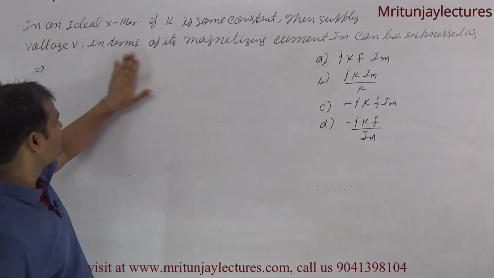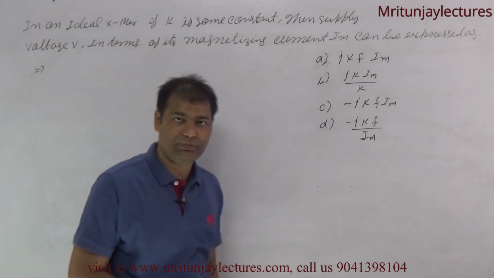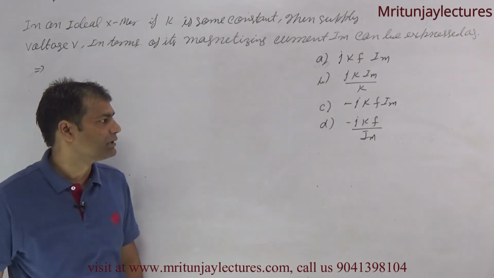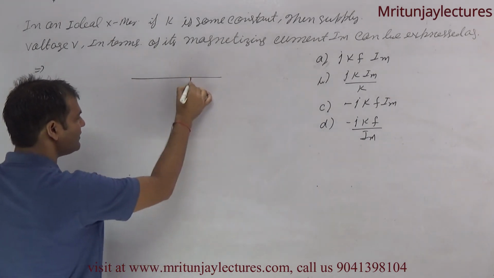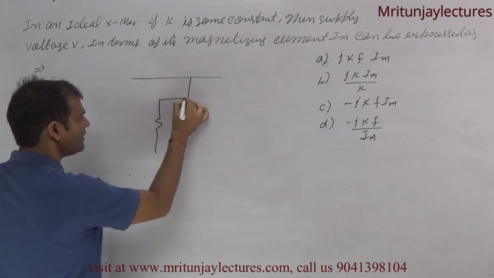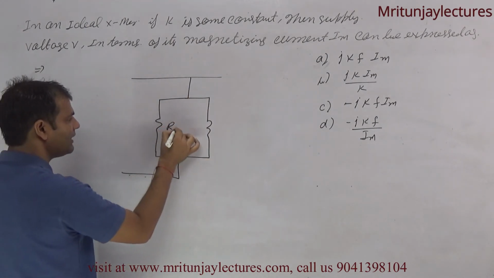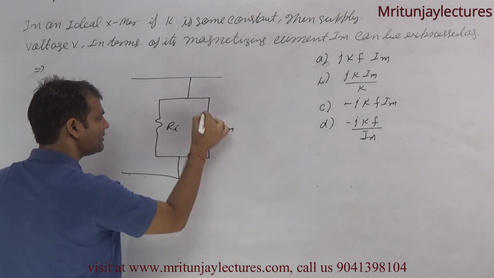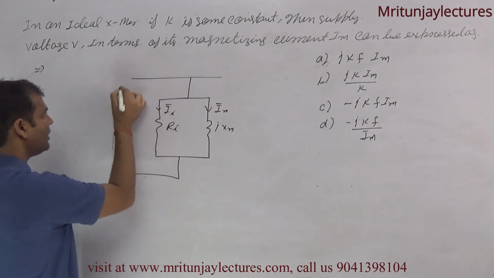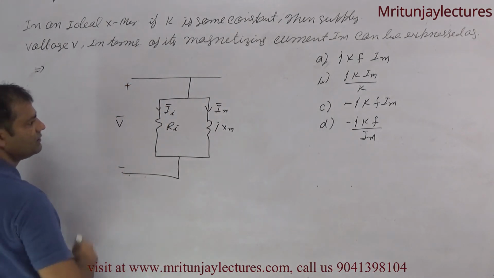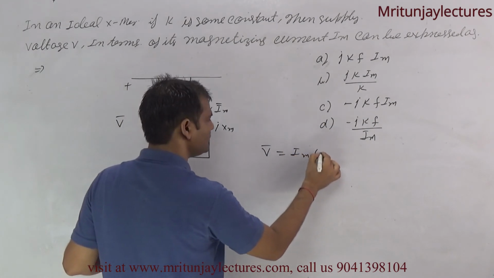Next question: the supply voltage V in terms of its magnetizing current Im can be expressed as which of the following? Which one is the correct option? Simply, for the ideal transformer, we draw the approximate circuit: Ri and jXm, with currents Im and Ii, and applied voltage V. You know that V equals Im into jXm.